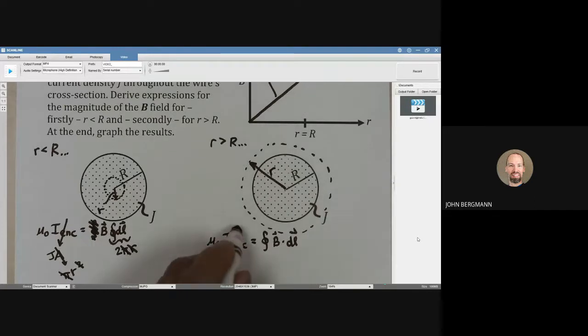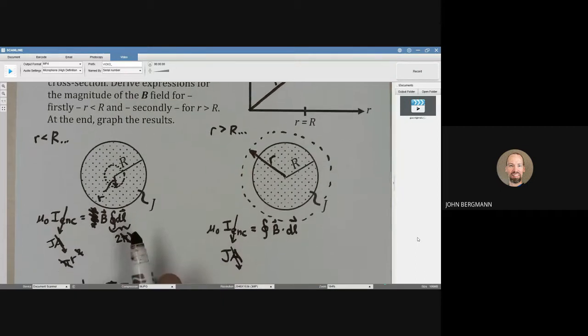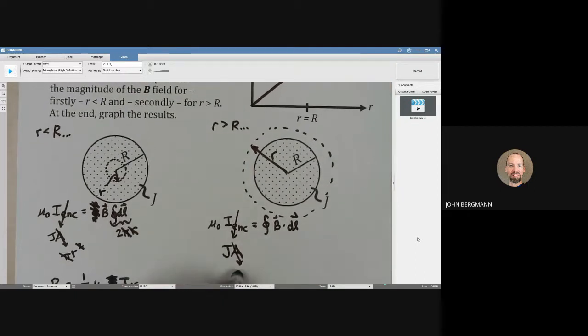The I that's enclosed is once again J times the area that's carrying current. Now the area that's carrying current is only up to big R. It's not all the way out to little r. It's only up to big R, and then the current carrying stops. So that means that A here is going to be pi big R squared.